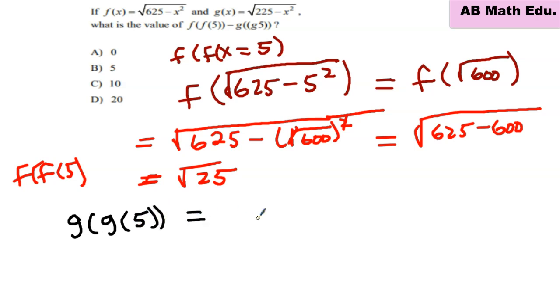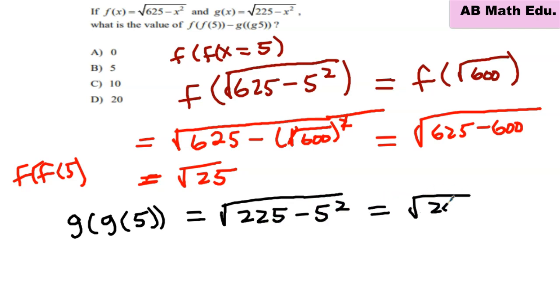Then g of g of 5 is going to be, wherever we see x in the g, we are putting 5. So that would be 225 minus 5 squared, and that will be 25. 25 minus that will be root 200. And we plug it back again.